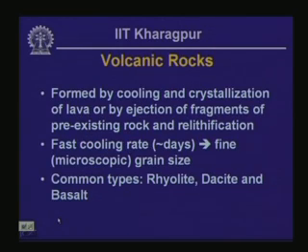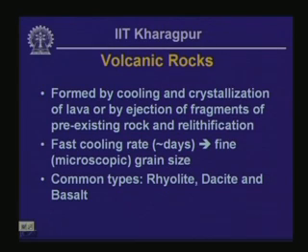Okay. Now what is volcanic rock? As I indicated, volcanic rock develops because of cooling and crystallization of lava when lava comes to the surface and comes in contact with the cooler atmosphere.